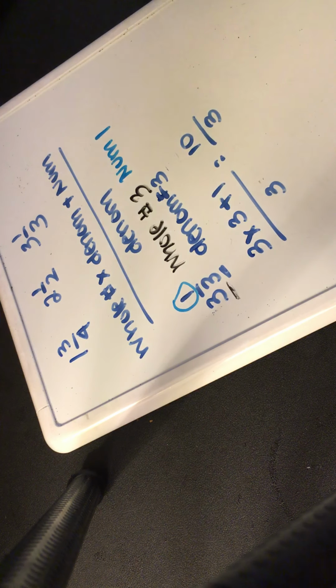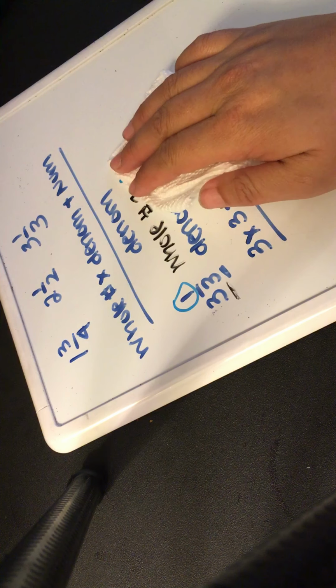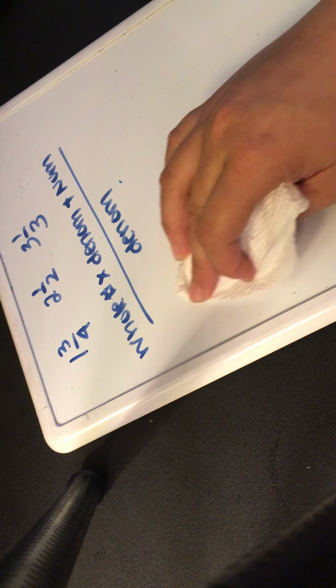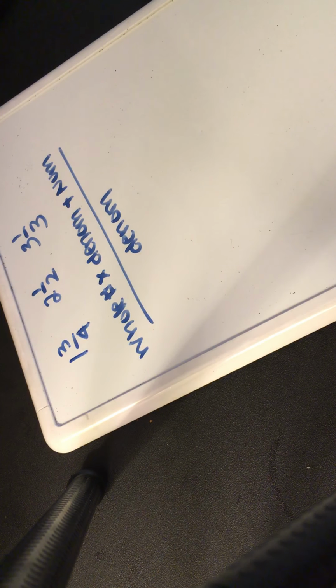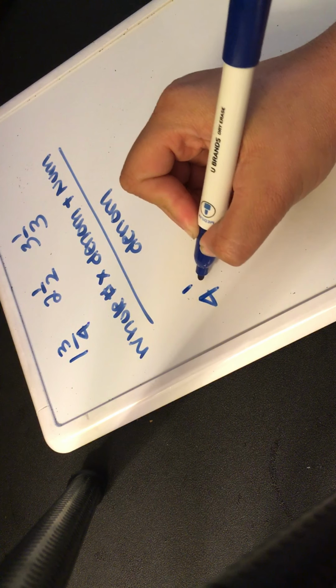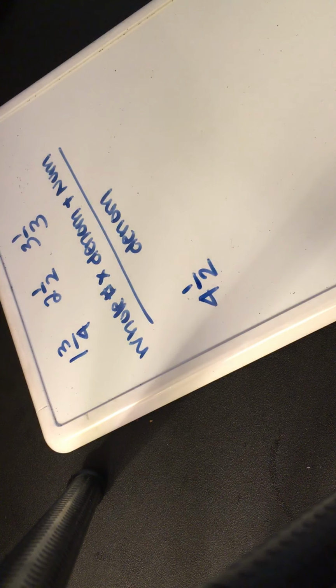Let's do one more together, because I do realize that our fractions are similar as to our whole numbers and our denominators. So let's give one more try to another fraction. Let's do 4 1/2. Let's try to convert that into an improper fraction.